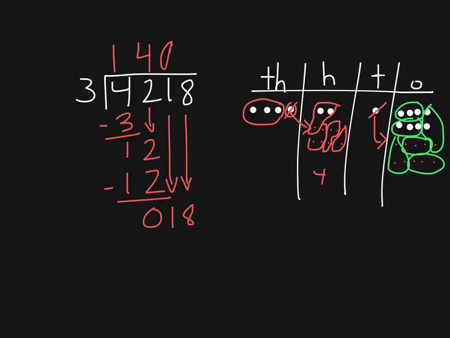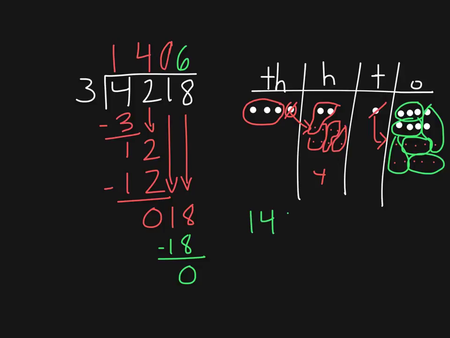And I ended up making 6 groups of 3 ones. 3 times 6 is 18, because that's how many ones it used up, and I don't have any left over. So my final answer is 1,406 with 0 remainders.